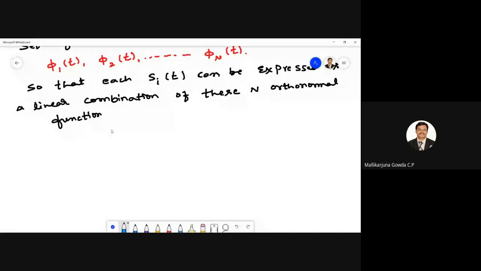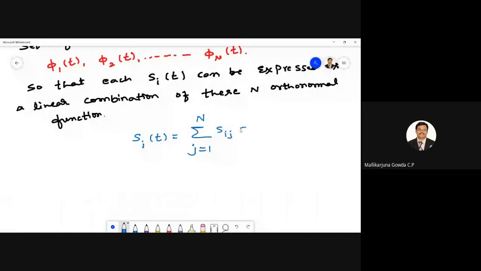So as I said, Si of t, I know how to express this, which is equal to the summation, j is 1 to n, of Sij phi j of t.